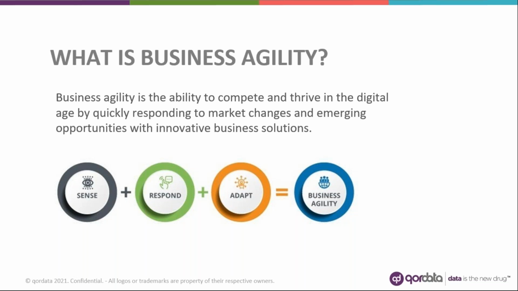If you can see on the slide, there is a sense of danger that we should respond to, and we should adapt to the change that should create business agility.